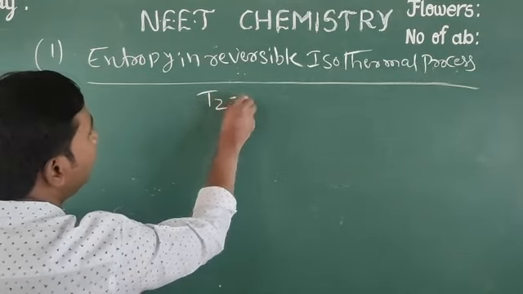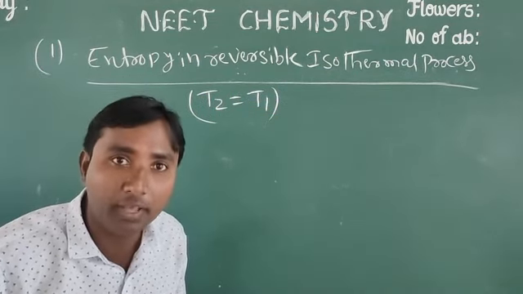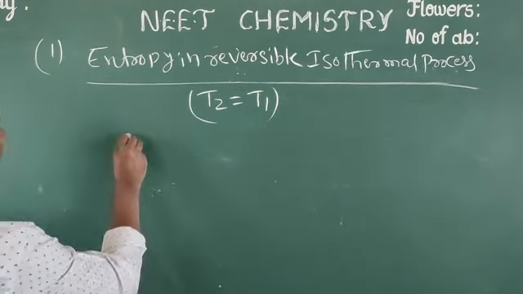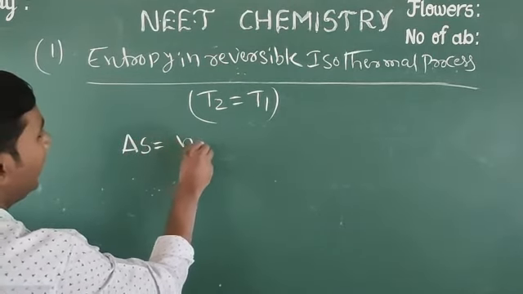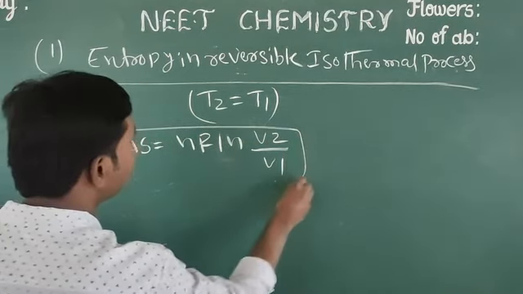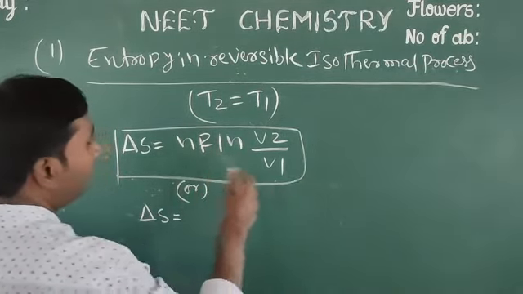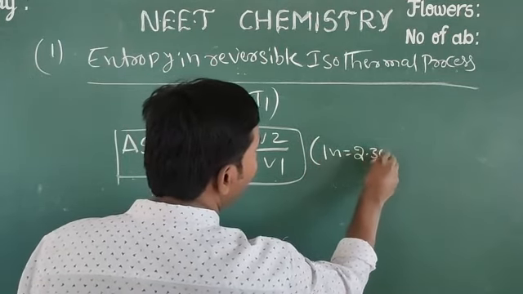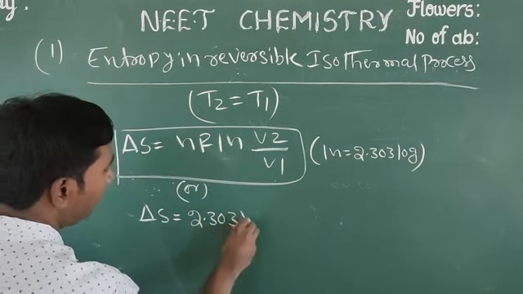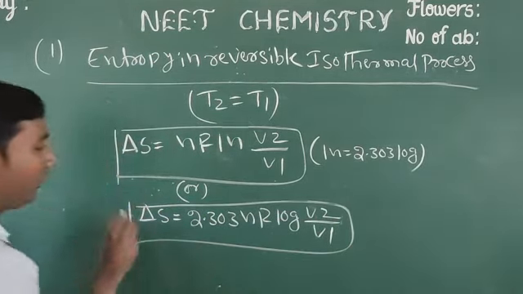Isothermal process means T2 equals T1 because del T equals 0; temperature is constant. Now the formula: del S equals nR ln V2 by V1, or using log instead of ln, del S equals 2.303 nR log V2 by V1.